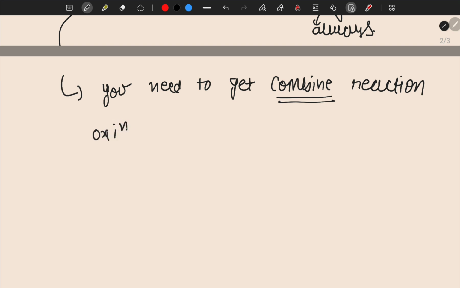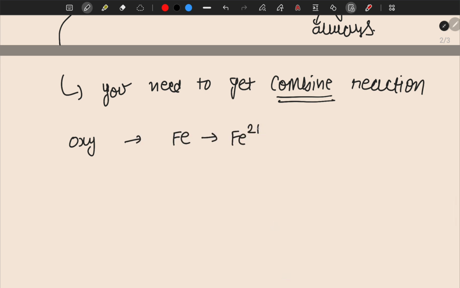So I am just writing oxidation like this. What is my oxidation reaction? Fe loses 2 electron and it looks like this. What is my reduction reaction here? We have O2, we have this 4H plus that is coming from the CO2 thing.